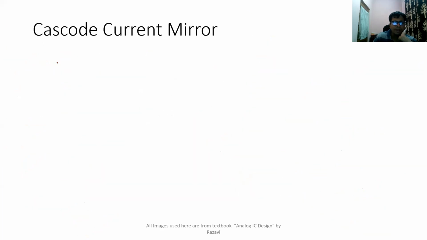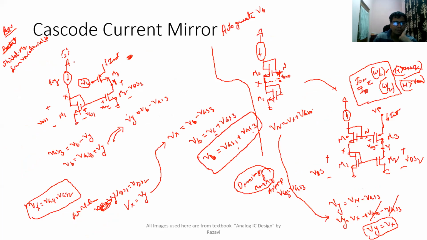If there are any changes in VP at this end, then those changes will not cause much change here at Vy. Any change in VP will not be translated to Vy.